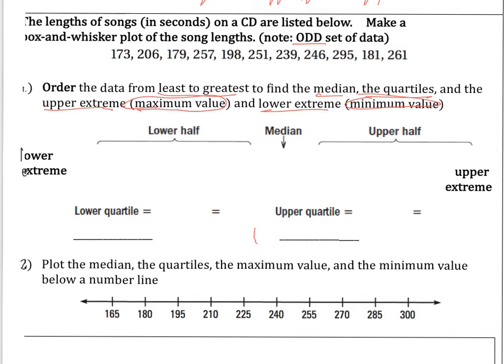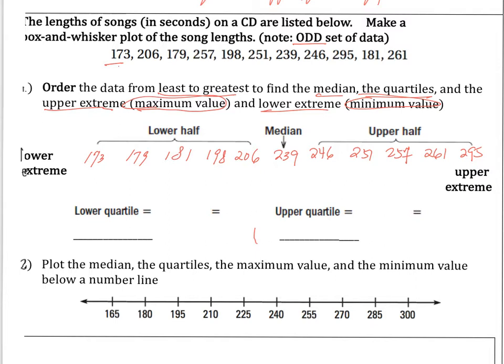So I'm going to start with 173, which is the smallest one. And then we have 179, 181, 198, 206, 239, 246, 251, 257, 261, 295.